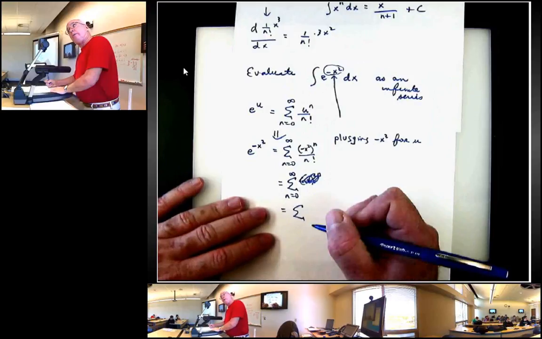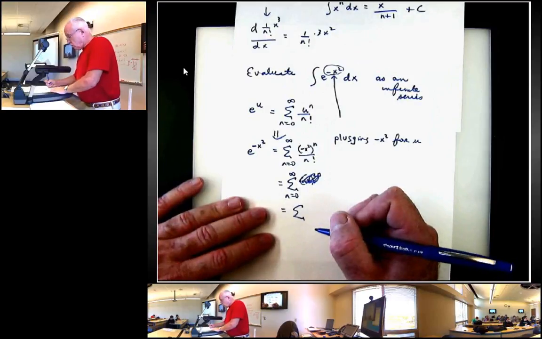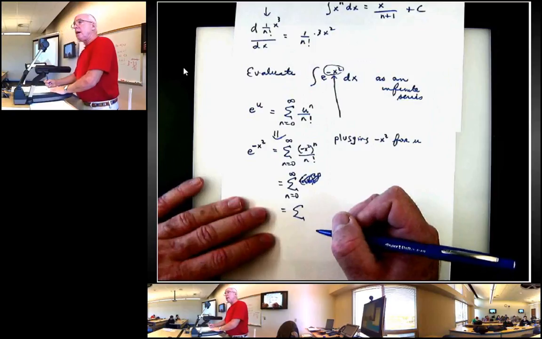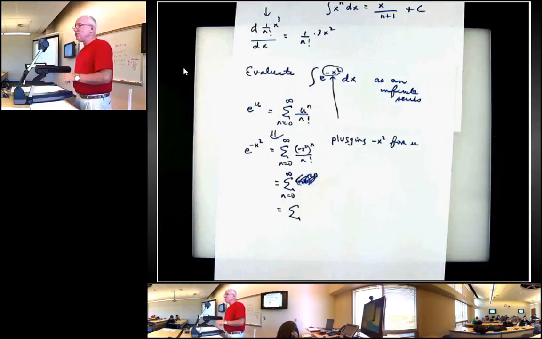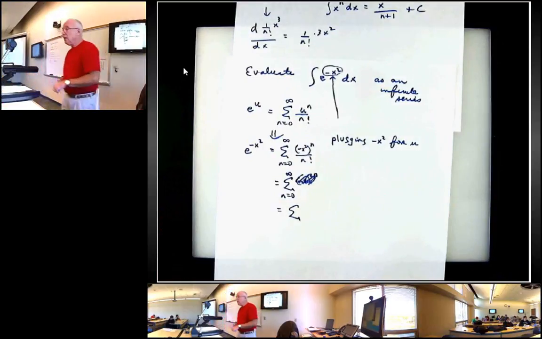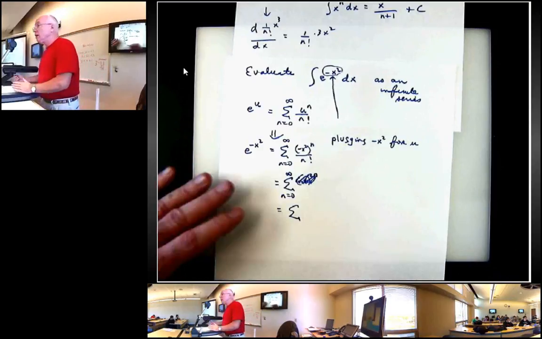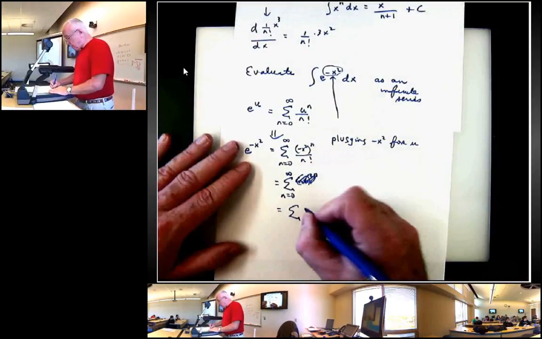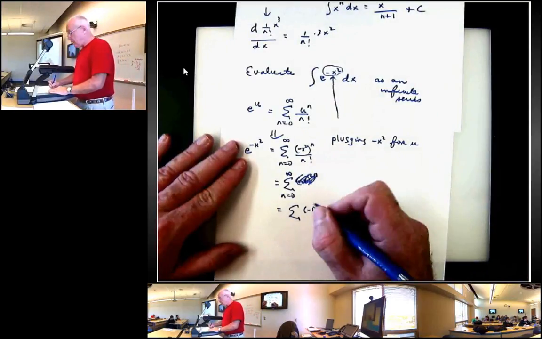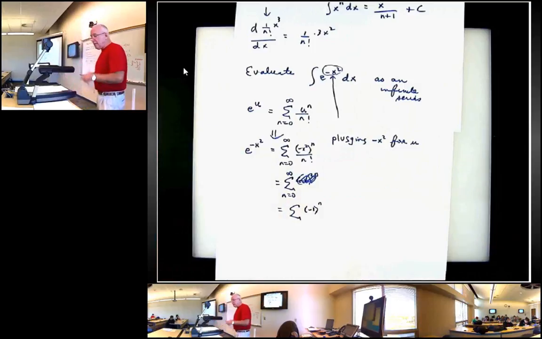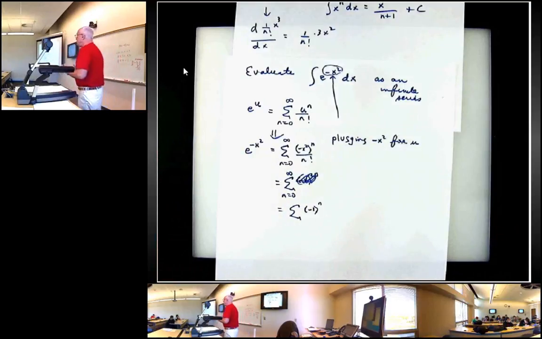With the x on the bottom? I don't think that's a good idea. All right. And so what power would it have? Yep, n power. That whole parentheses was being raised to the n power.